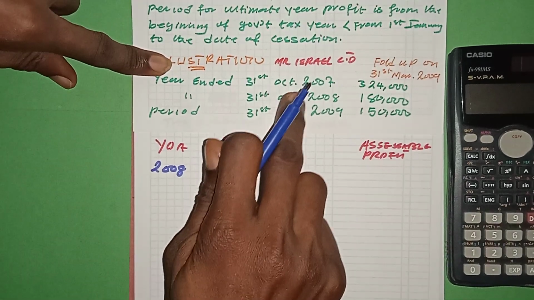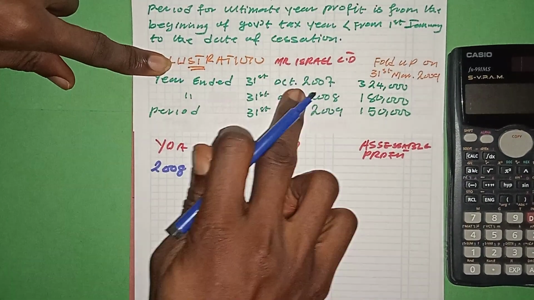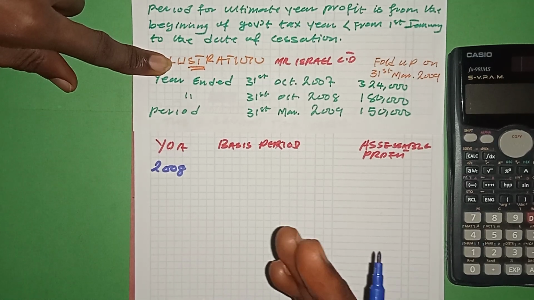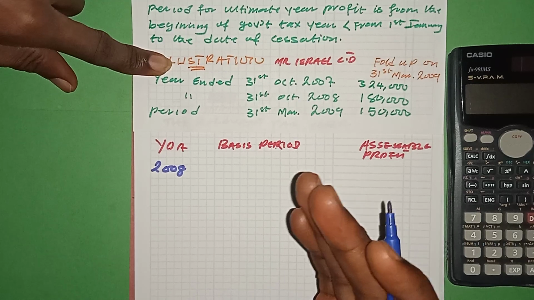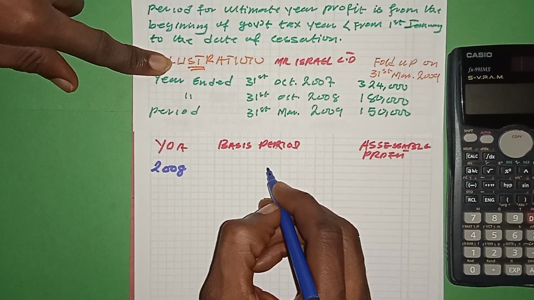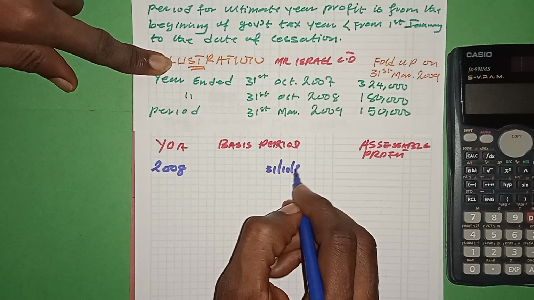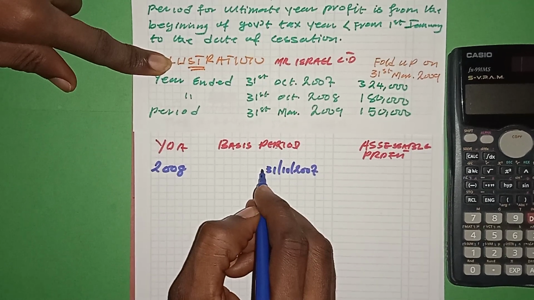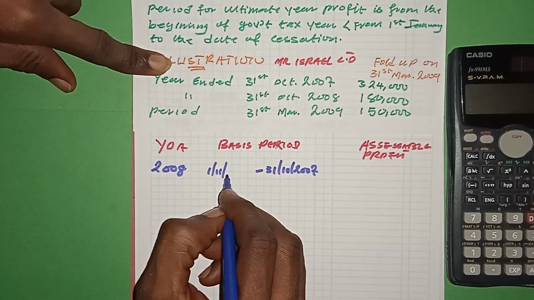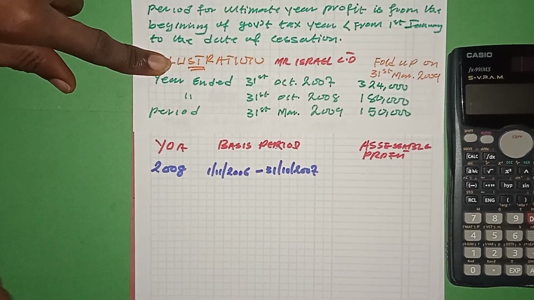27. And 27 ends where? The way I do it, I start from the day they end, the end date, so that I can count back easily. So here you have 31st October 27. Then when you count back, you now have 1st November 26.